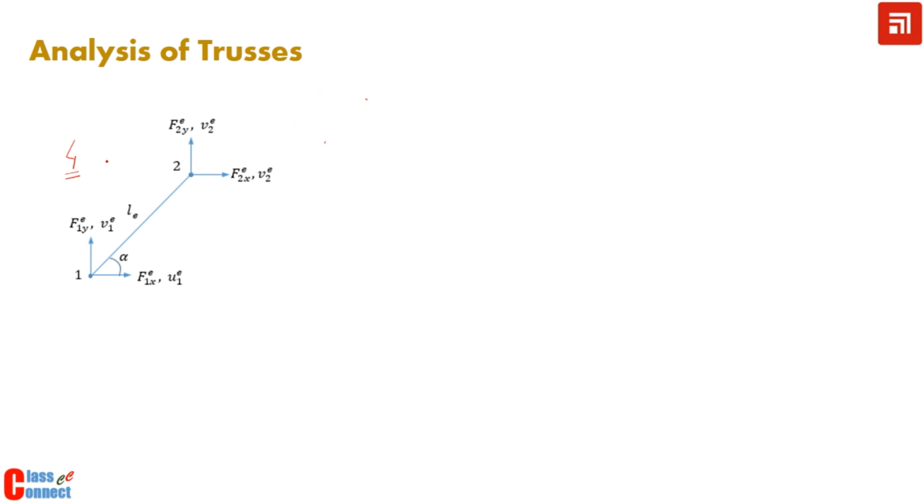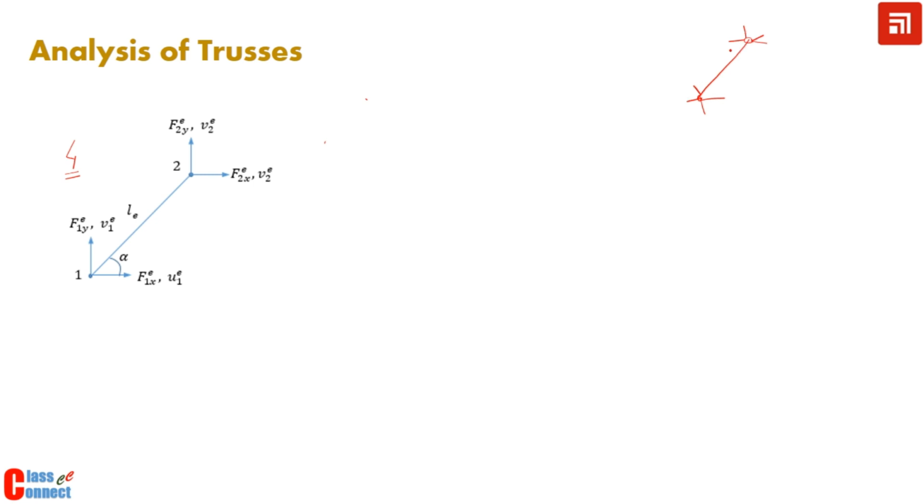The truss element is basically a two-force member where there can be n number of connections at the two ends, so n number of forces acting only at the two ends.